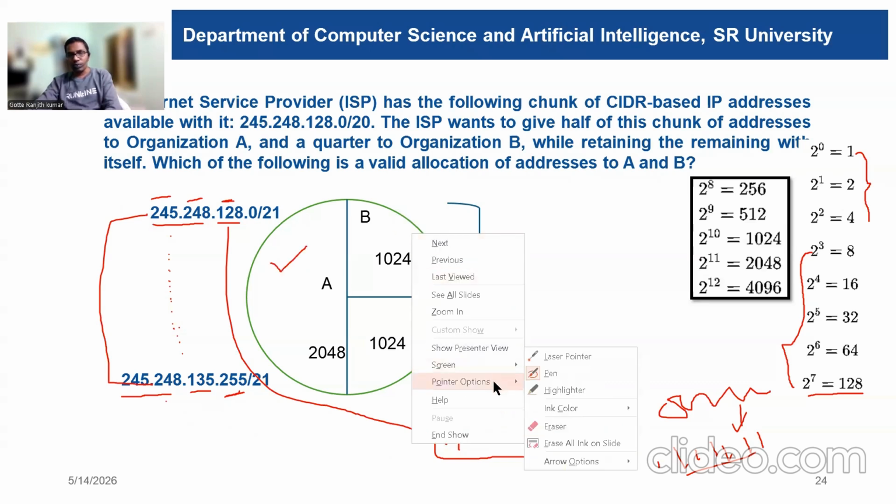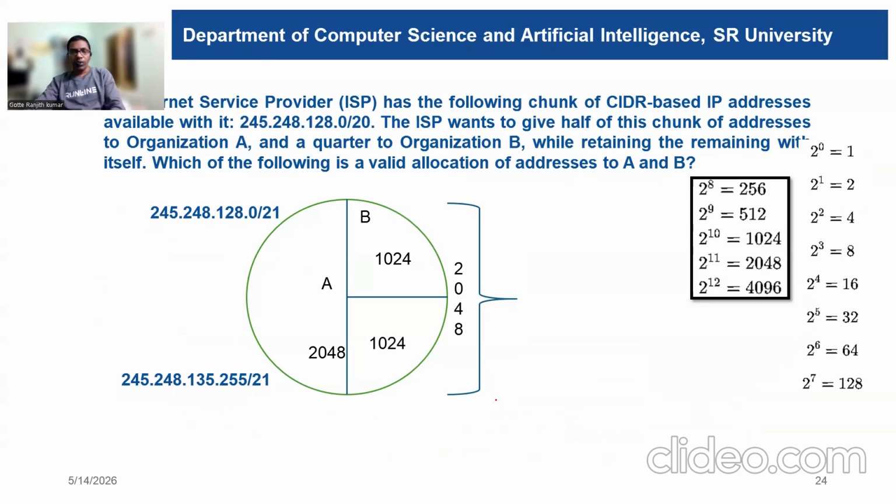Now let us go to the B side. What is the B side here? 1024. 1024 means 2 power 10, so 10 bits are used for the host address.